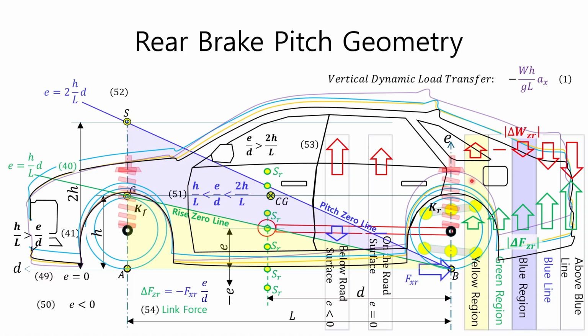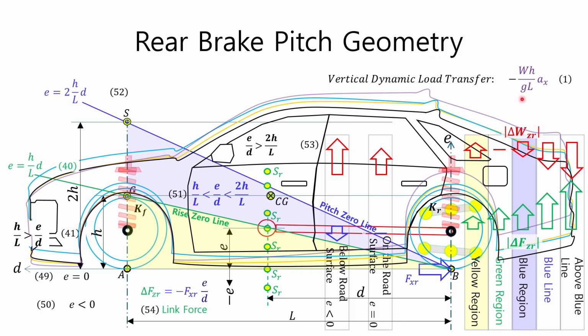If the virtual reaction point is located below the road surface, the height of the virtual reaction point is negative, and as shown in equation 54, delta FZR becomes positive, acting as a force that compresses the link. The force tensioning the spring is greater than the force compressing the link, and in absolute terms, the difference between these two forces is equal to the vertical dynamic load transfer amount.